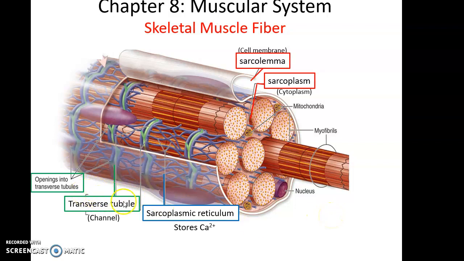And so the fluid inside the transverse tubules is the same extracellular fluid as surrounding the rest of the muscle cell. And also within the muscle cell is this membranous structure called the sarcoplasmic reticulum. And the sarcoplasmic reticulum, its main function is to store calcium ions.